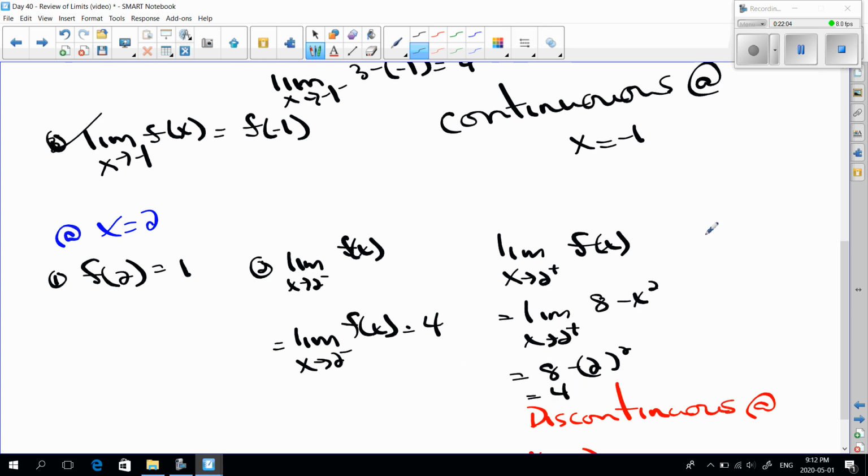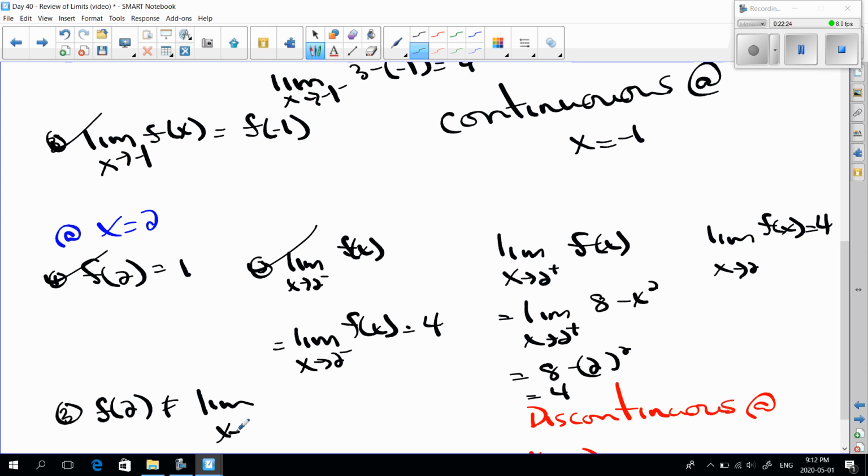So the limit as x approaches 2 of f of x equals 4. It has a limit. It is defined at x equals 2, but they don't equal each other. F at 2 does not equal the limit as x approaches 2 of f of x.